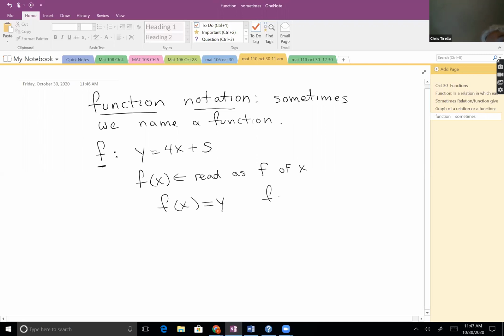So we'll say that f of x means y. And so where I had written f is the function where y equals 4x plus 5, we could rewrite it as f of x equals 4x plus 5.